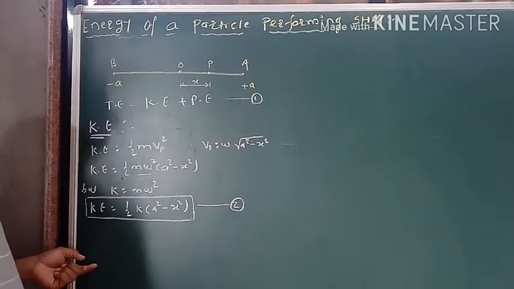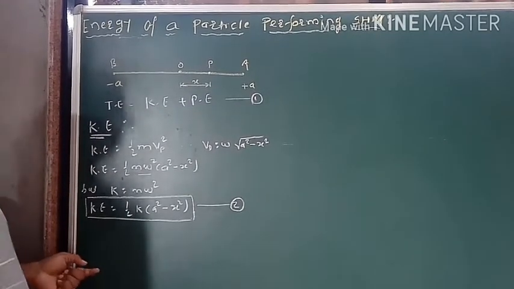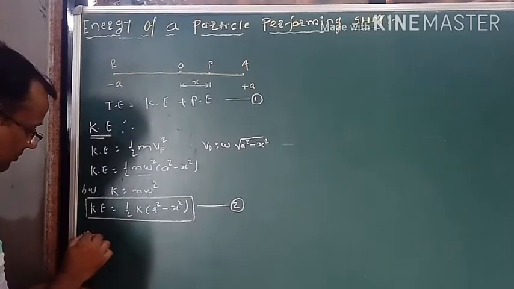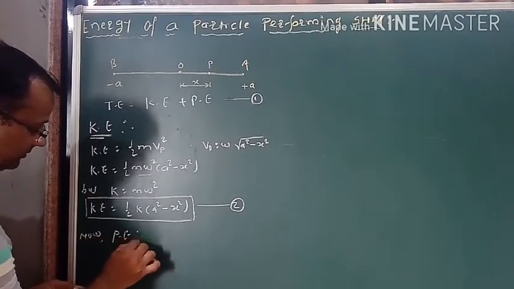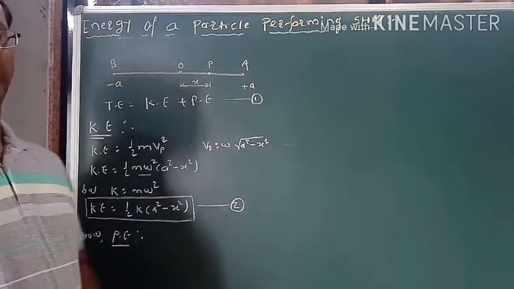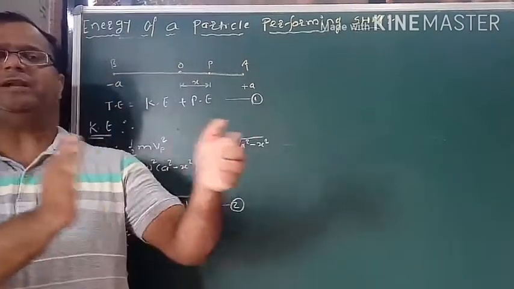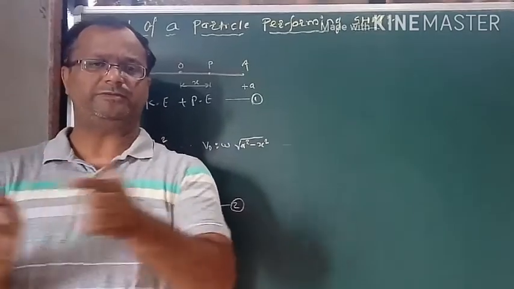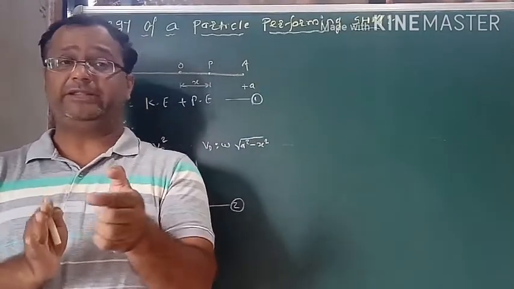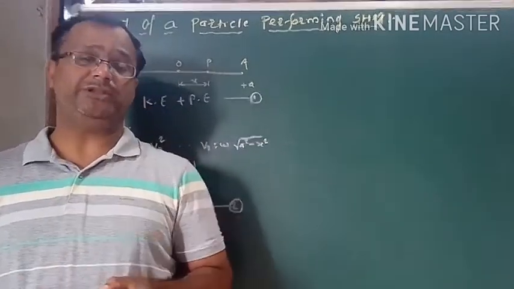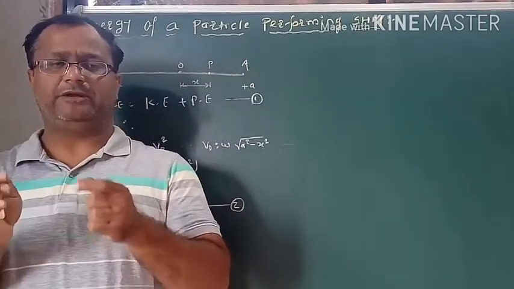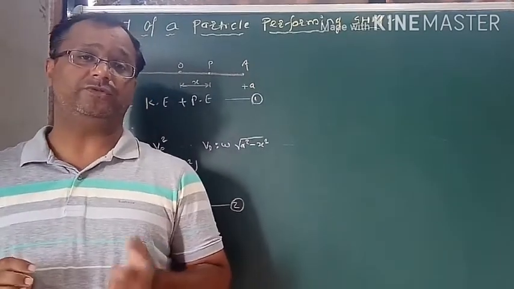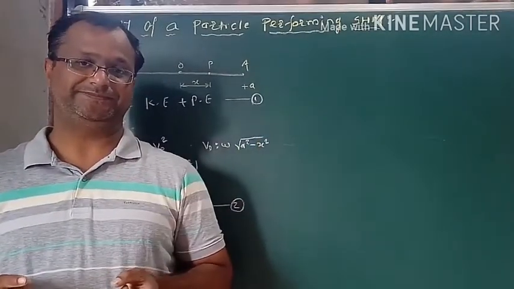Now we want to find out the value of potential energy. We know that when the particle performs simple harmonic motion, inside that motion the restoring force is there, and against that restoring force we displace the particle.